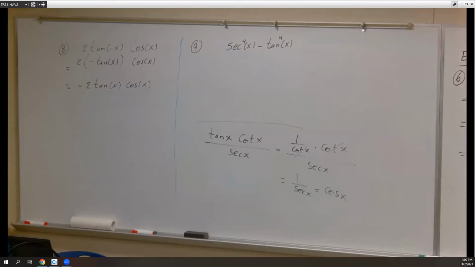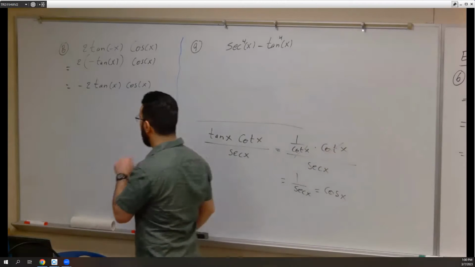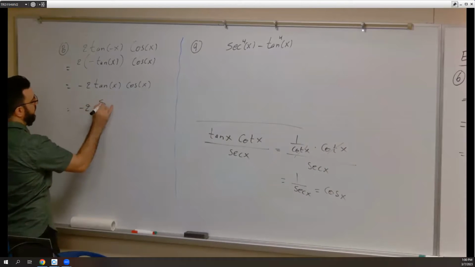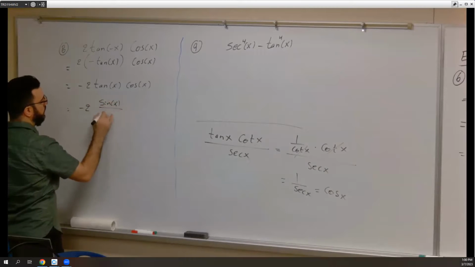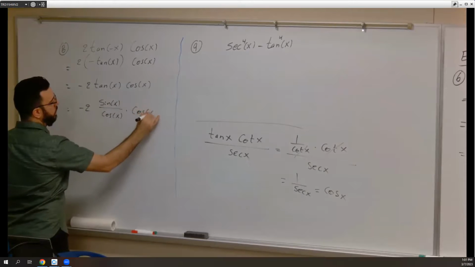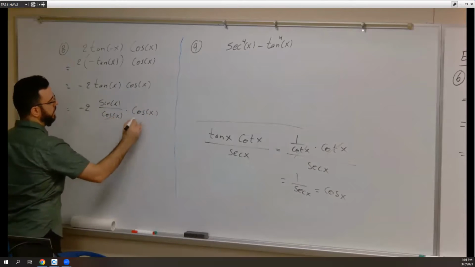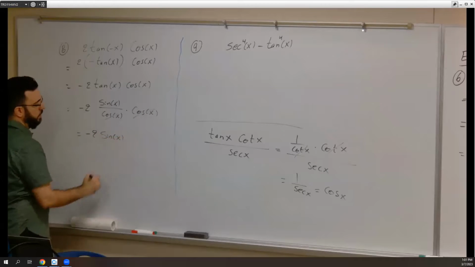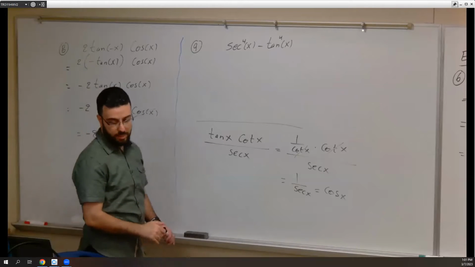Which one are you going to simplify? The tangent x. The tangent is what? Sine x over cosine x. So this equals negative 2 sine x over cosine x times cosine x. Cancel these. What's left? That's it.